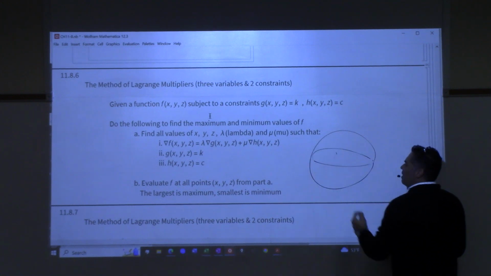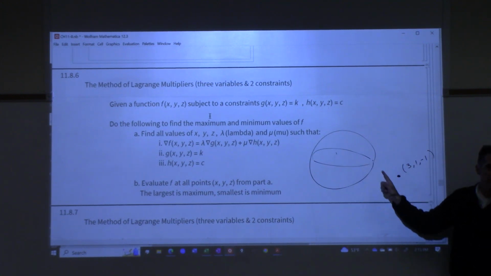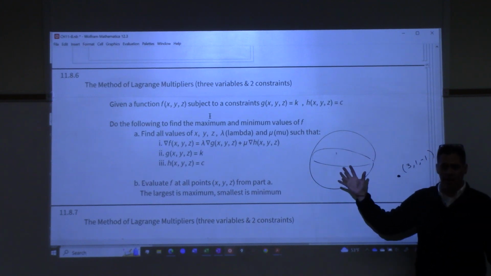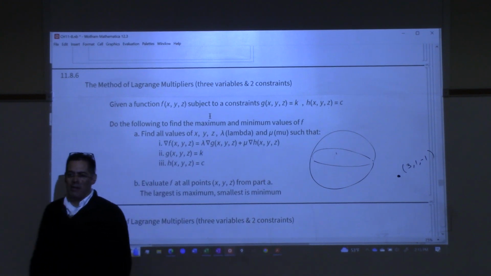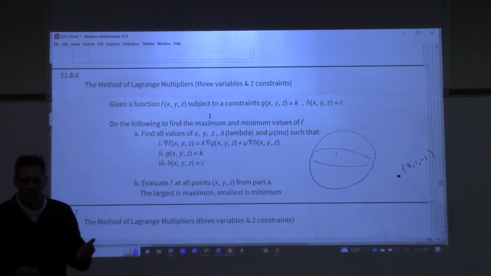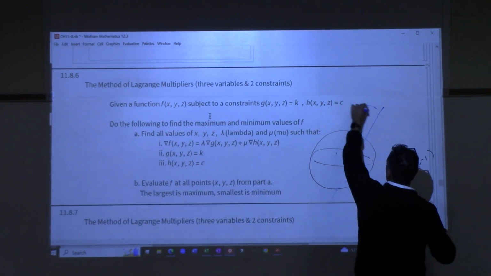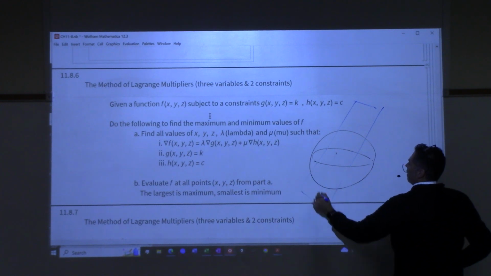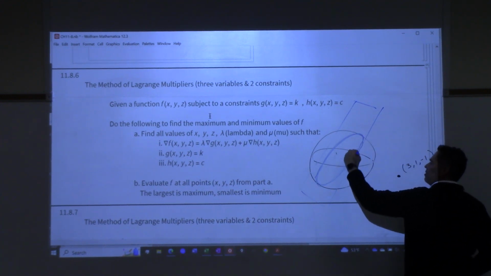And I said, try and find the points that are closest and furthest from this point on that sphere. The sphere was a constraint, right? I could, if I want to, add another constraint, like not only does it have to live on that sphere, but it has to live on a plane that goes through that sphere. So maybe there's a plane that cuts through this sphere and creates some curve. That'd be a curve on the sphere.